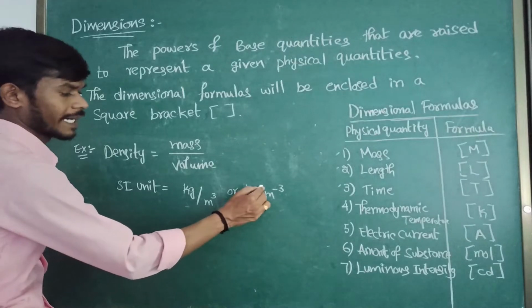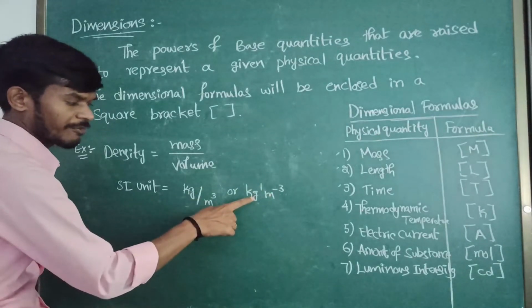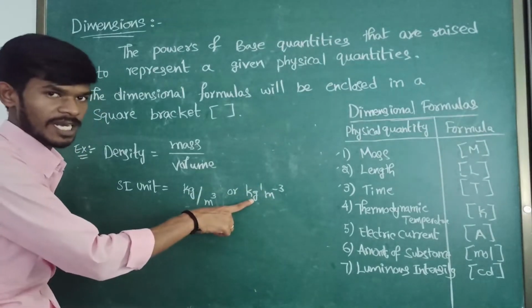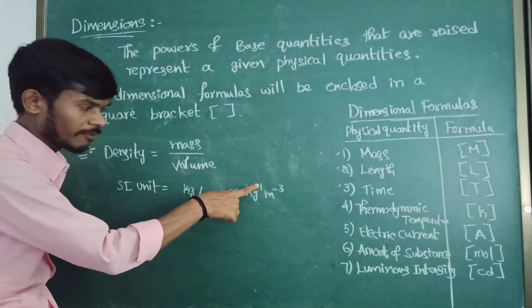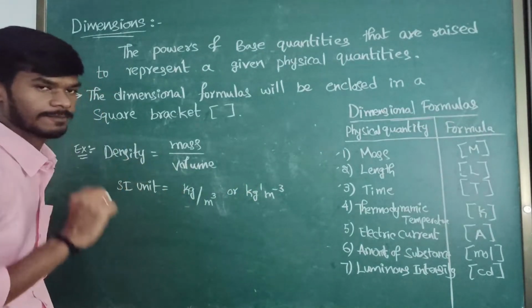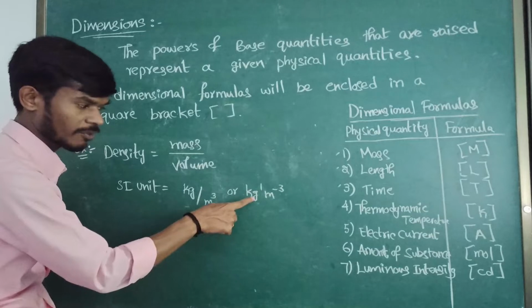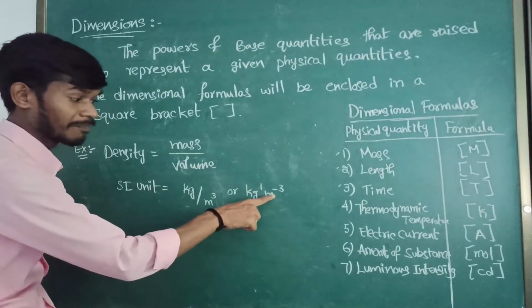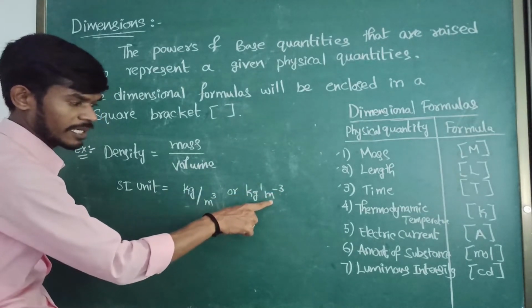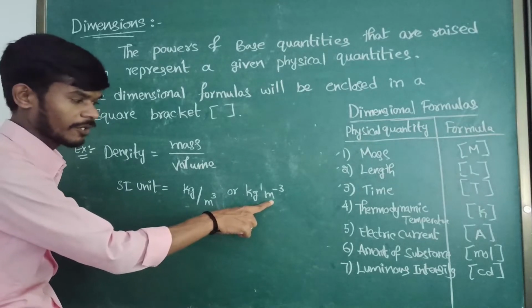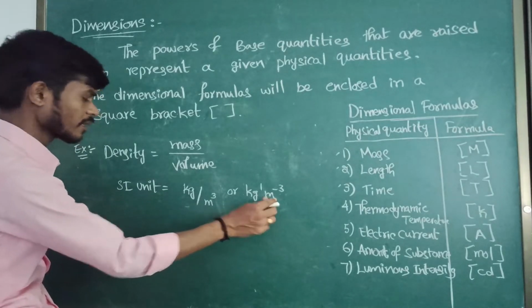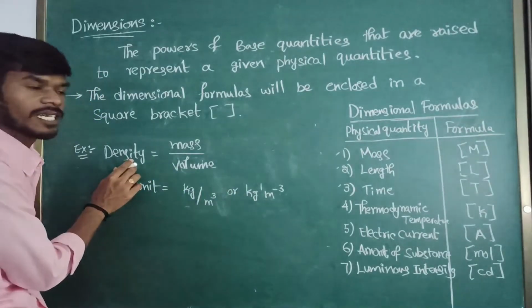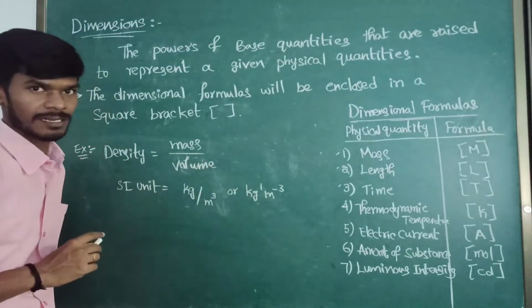If you observe the dimensions, kilogram means mass only. So the dimension of mass in density is 1, because the power of the base quantity is 1. And here m power minus 3: this is the length unit only. So the dimension of length in density is minus 3.